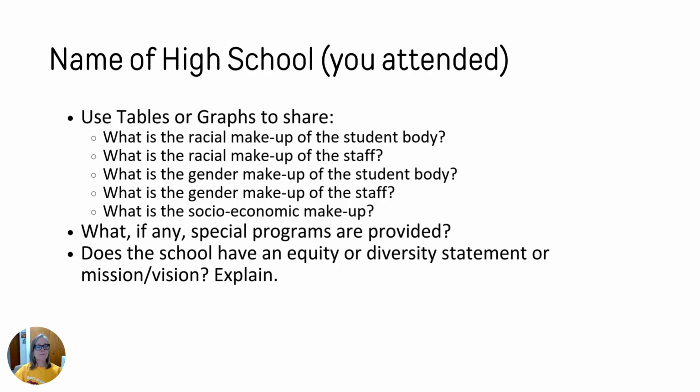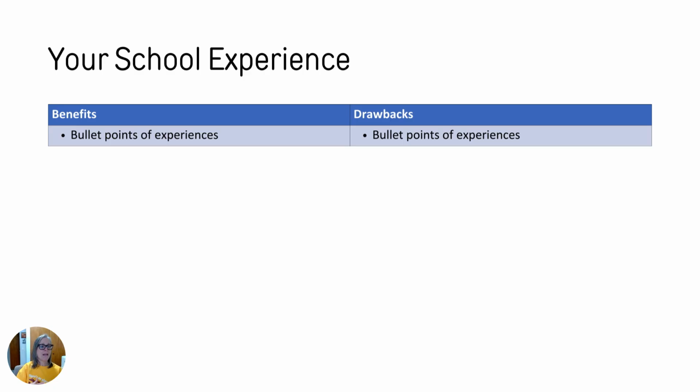And then I think it's really important, as you're building this background on your experiences and the schools that you attended, for you to think about what some of the benefits of that school experience were and what some of the drawbacks were, or some of the areas that were less helpful. Okay, so I went to school in a rural area, which you would typically think would have fewer students, but my graduating class was actually 300 students.